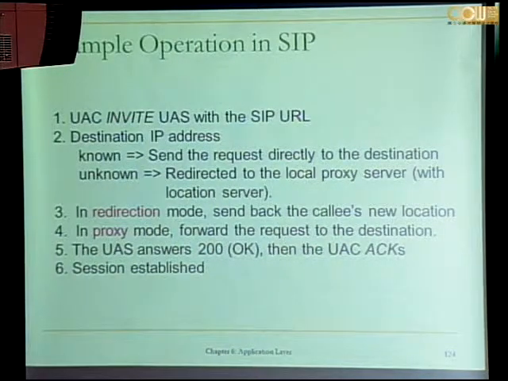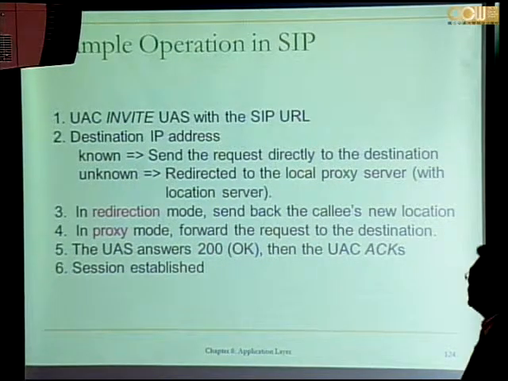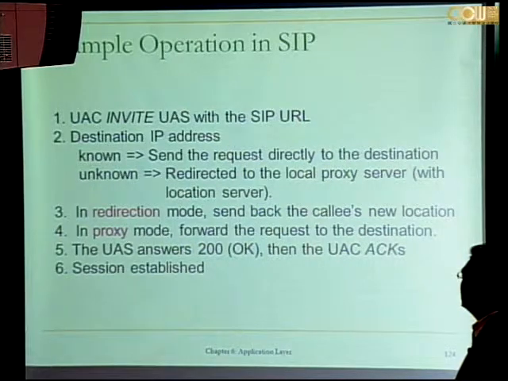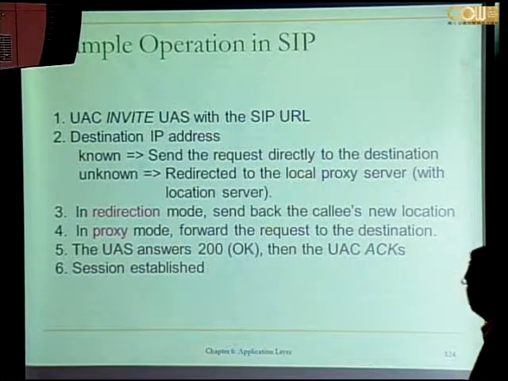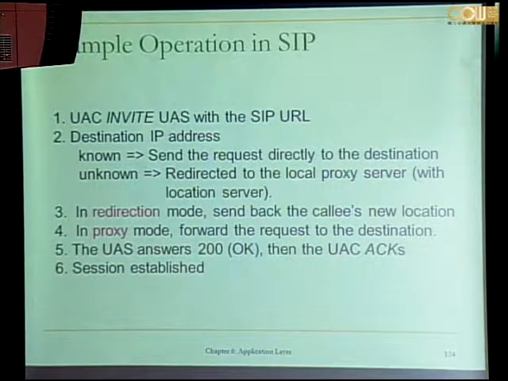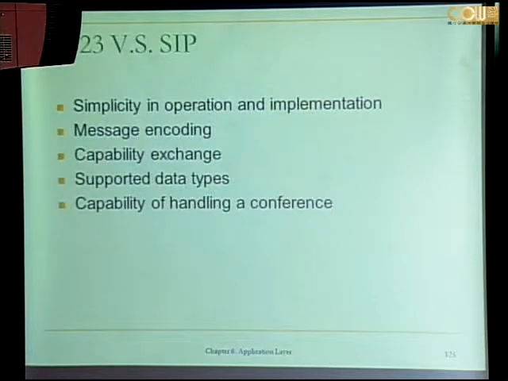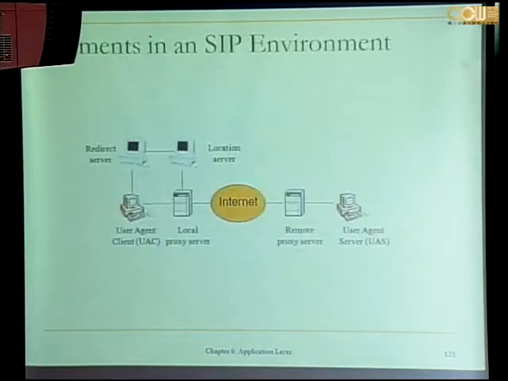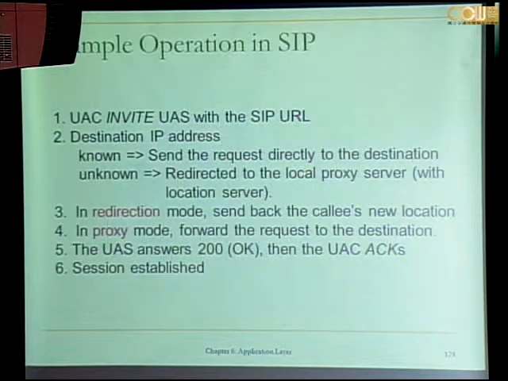So here's an example where the UAC, which is a caller, invites the UAS. What is UAS? Is there a figure? Okay, the callee. Well, you send an invite with the SIP URL.